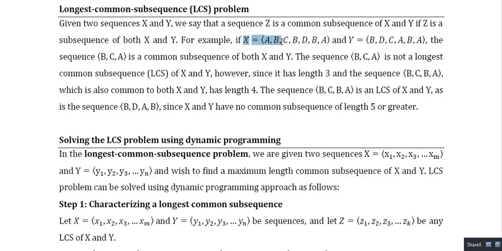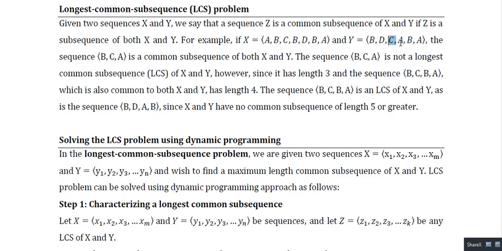For example, if x is the sequence a b c d a b c b d b a and y is like this, then the sequence BCA is a subsequence of x, just check the order, and the same subsequence BCA is also there in y.